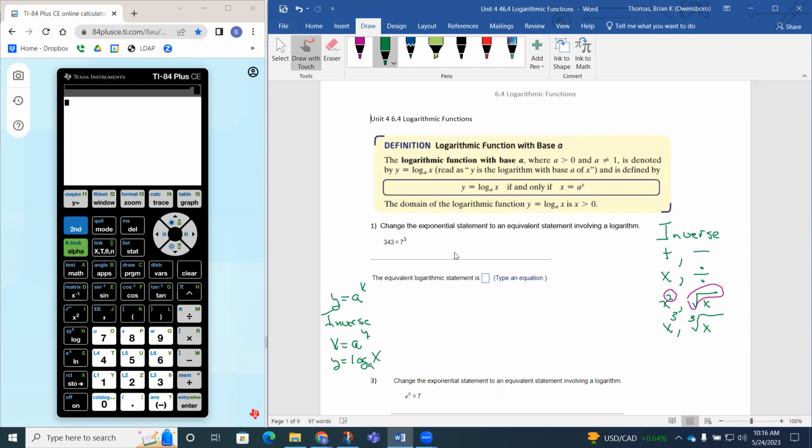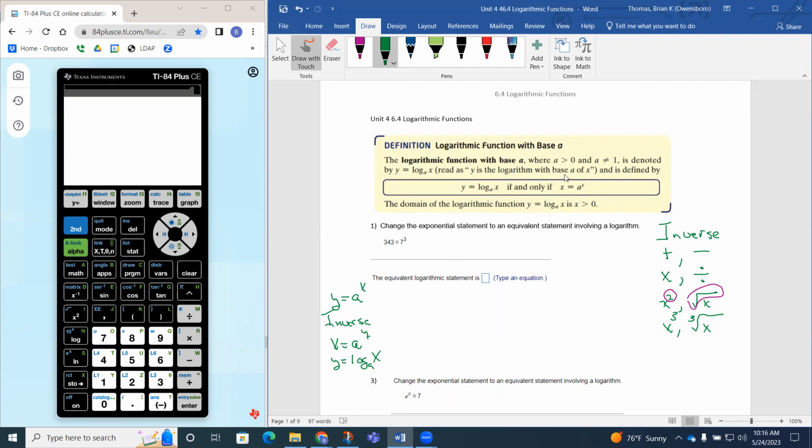As we move forward, a logarithmic function with the base a, where a is greater than 0, again, a cannot equal 1, is denoted with y equals the log of x base a. They say this reads as y is the logarithm with base a of x.